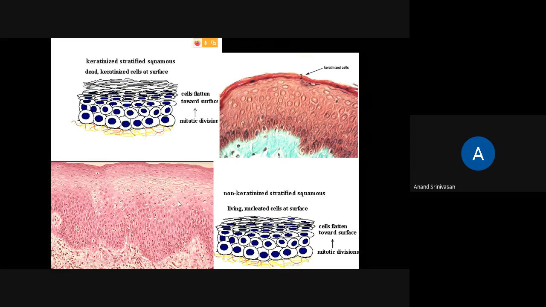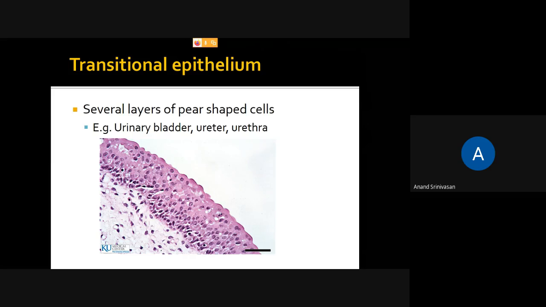And here you can see stratified squamous non-keratinized epithelium. The transitional epithelium is named so because the outermost layer of cells are pear-shaped or umbrella-shaped cells. Example: it is found in the urinary bladder, ureter, and urethra.